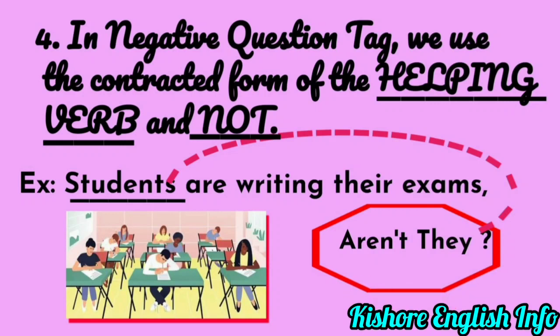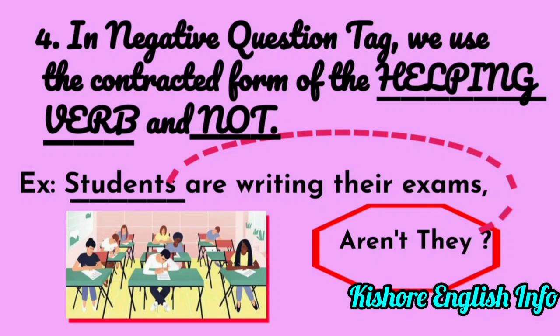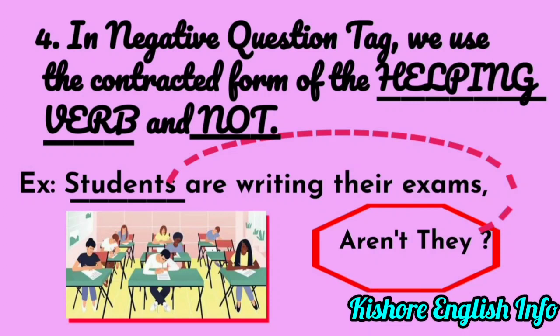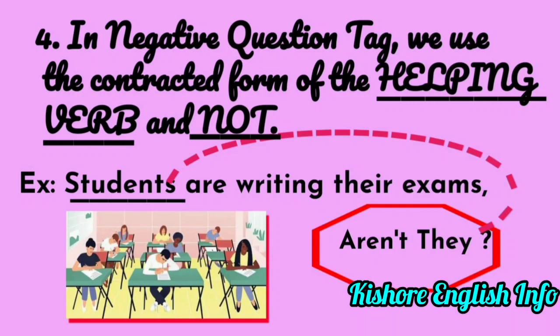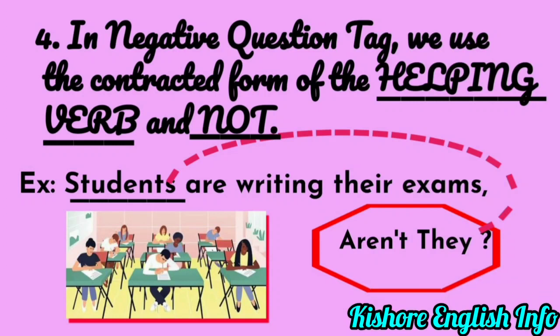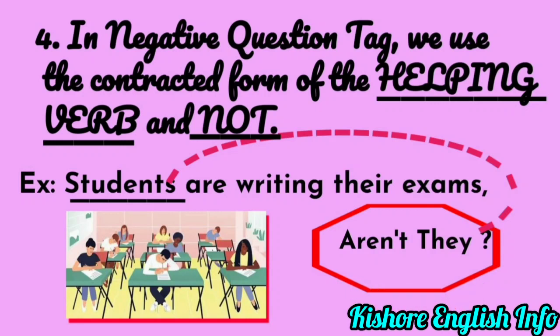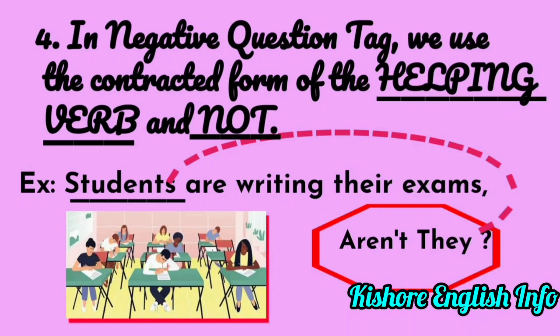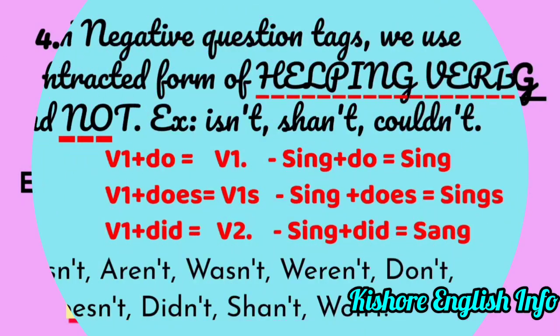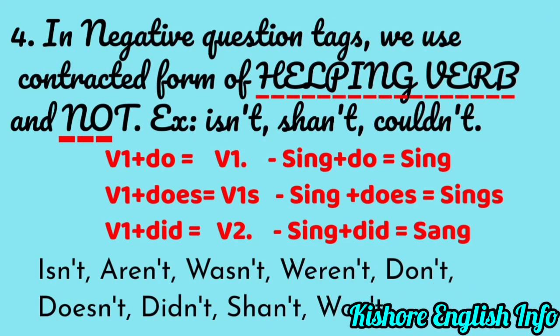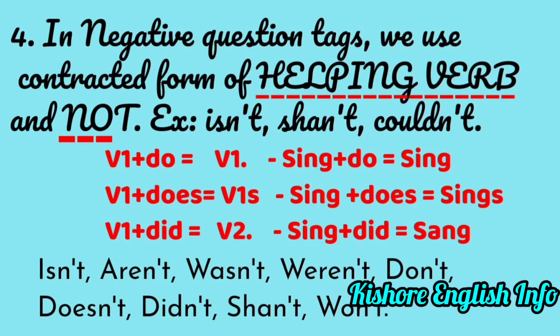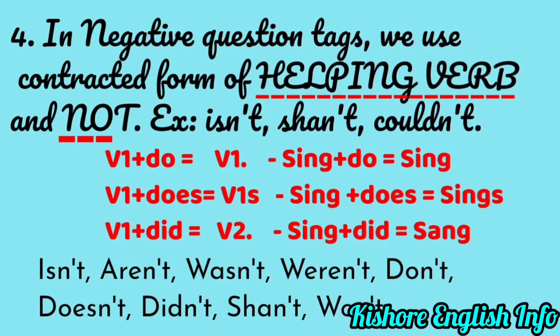Students are writing their exams, aren't they? Students is nothing but a plural form. We convert it into the pronoun they, and the helping verb are is already given. Add a negative form to it, and aren't is formed: aren't they. Now let us see in much more detail how to identify the helping verb to frame question tags.